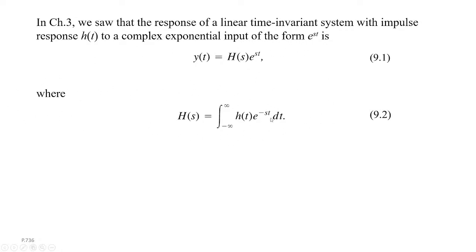When we restrict S to purely imaginary numbers, you get the Fourier transform. That's why we always write H of j omega. But now we want to go back to full generality.